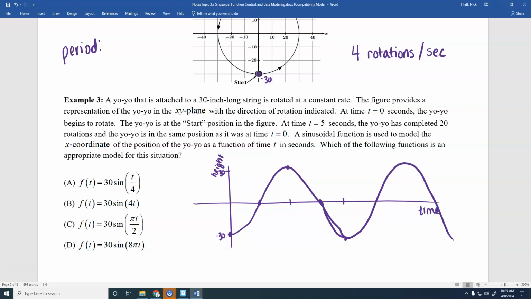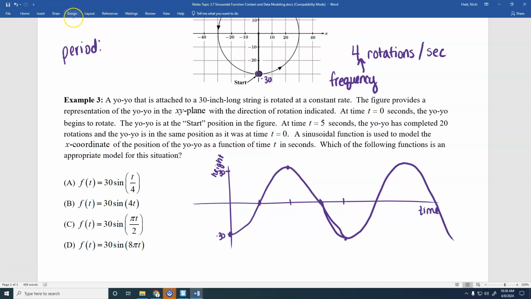What is 4? It's a frequency. This is your frequency. It is how many rotations you have in a given time period, right? Our frequency is 4. The period is how long it takes for one rotation, right?